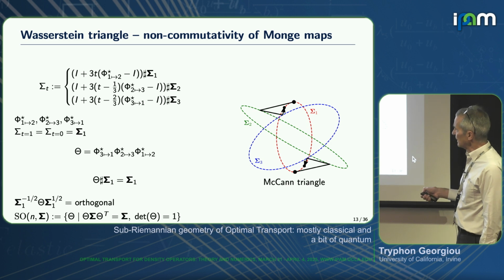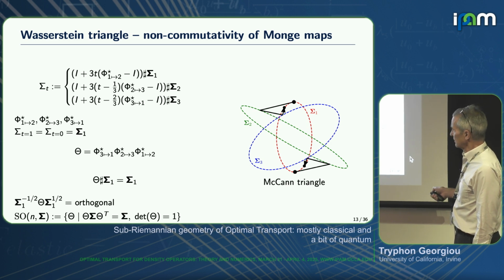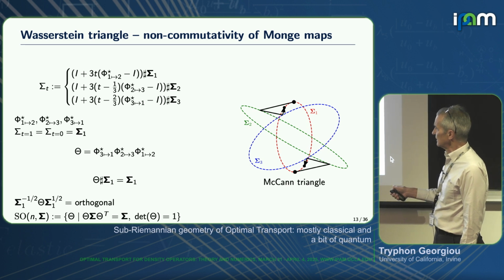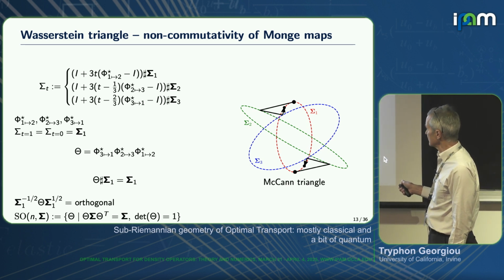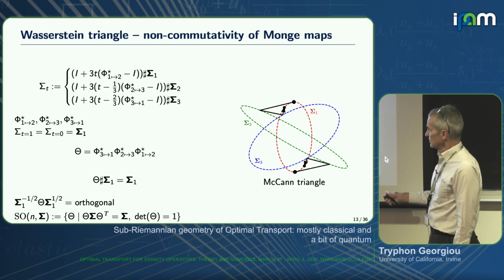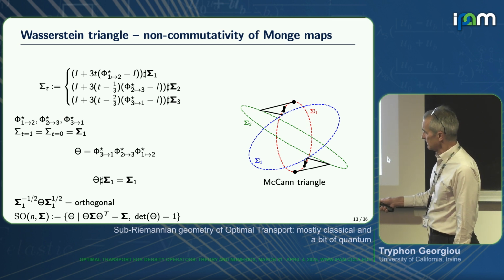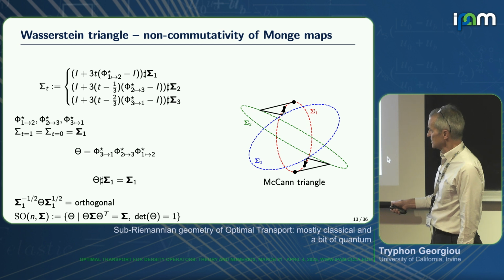Again, just very quickly, the Wasserstein triangle that I showed you before, you can write down explicitly what happens to the covariances of the various distributions. Basically, it's a composition of these three Monge maps.